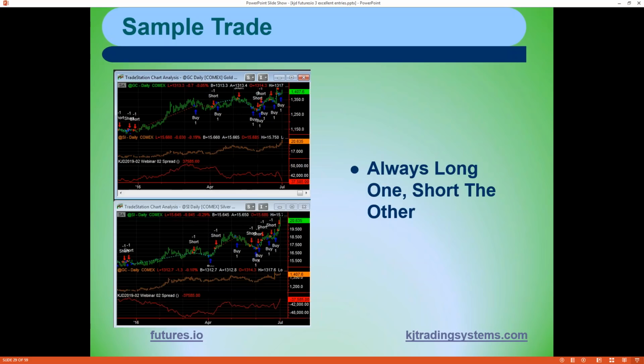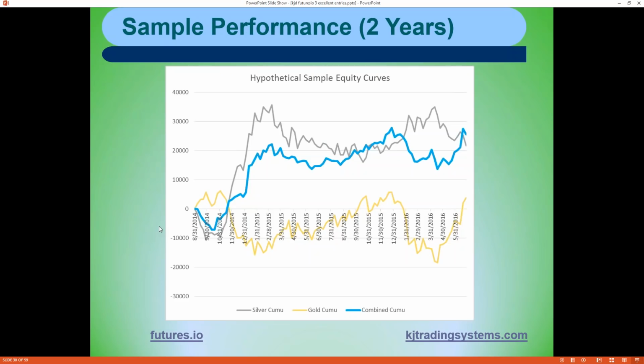You don't necessarily have to always be in the market. You could have some kind of criteria that says, I'm not going to enter, or maybe if the spread price gets to an extreme. A lot of different ways to do it. But what you then would do is evaluate the equity curve for the gold and the equity curve for the silver, and combine them. And here I do that.